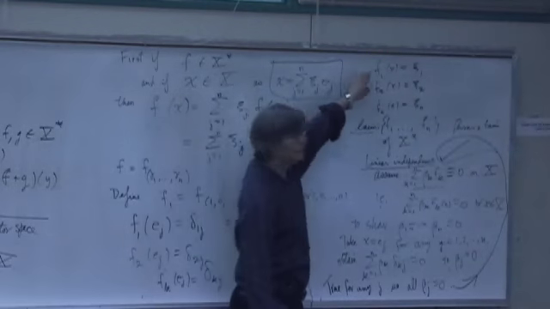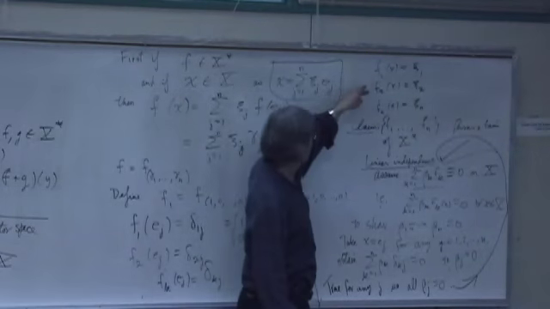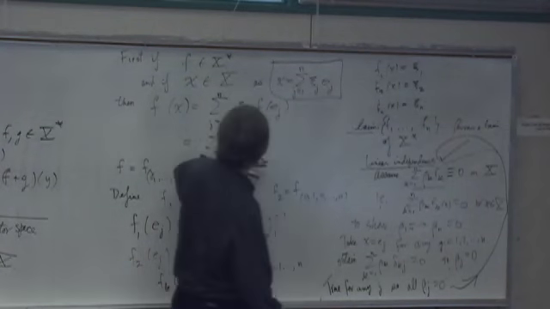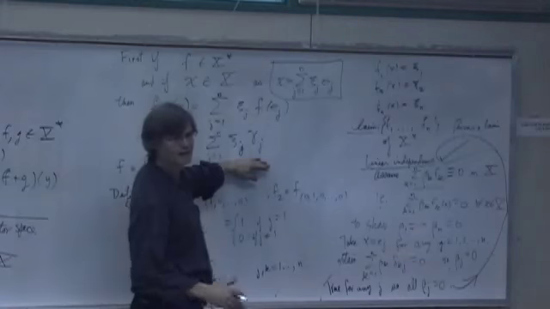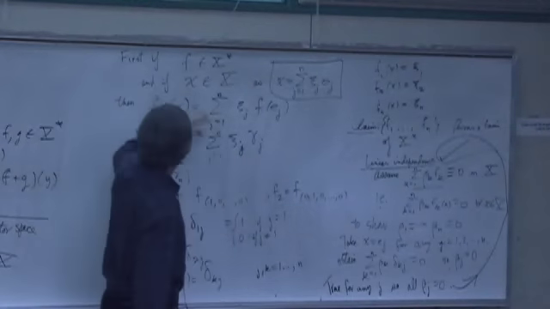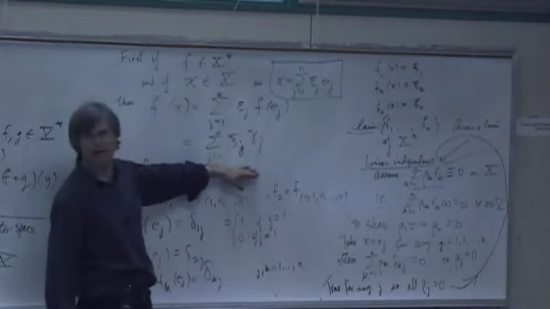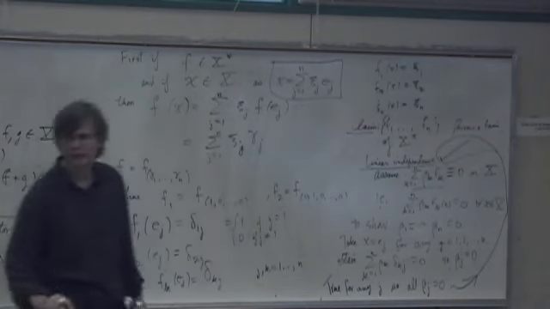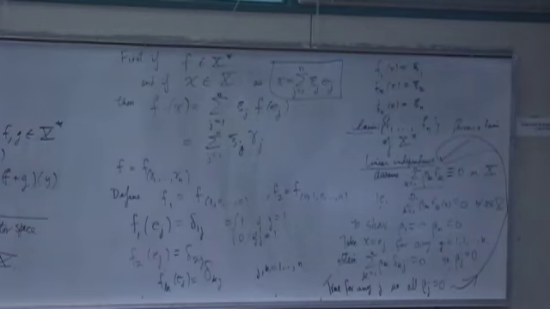I have these n functionals, and I just want to get any linear combination looking like this, since any f has this form. So I just take gamma 1 times f1 plus gamma 2 f2 and so on. So it does span. So f1 through fn span x star.